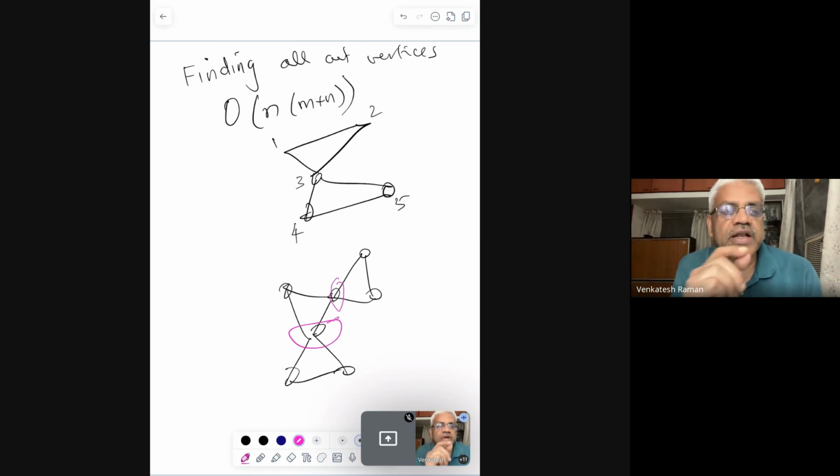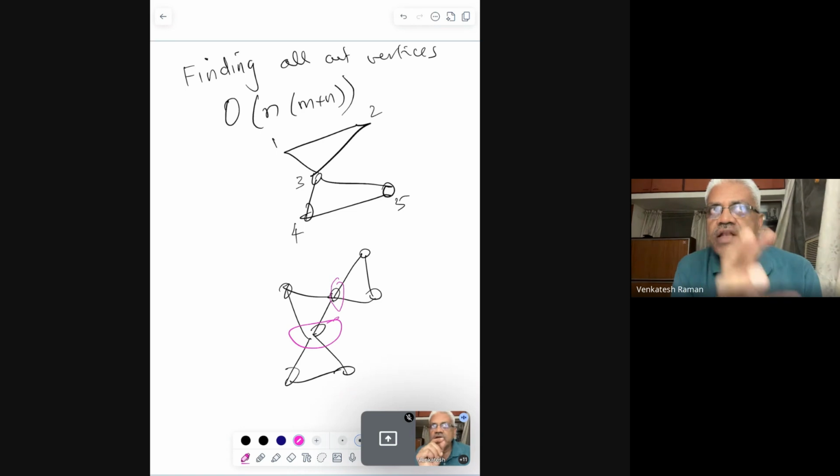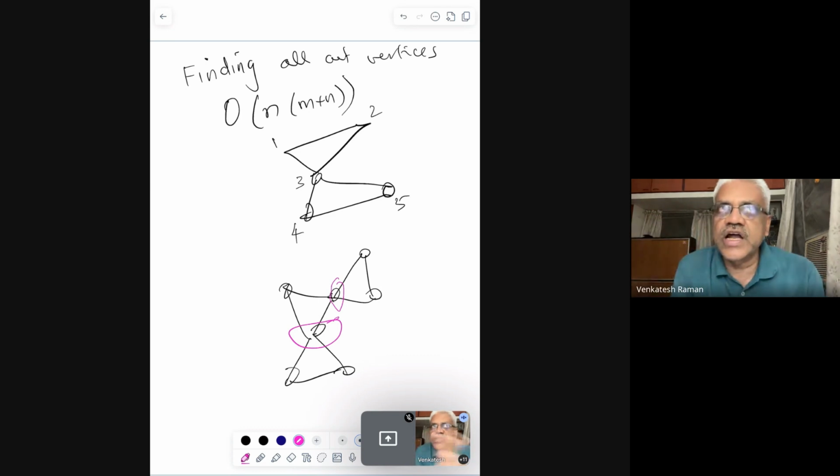Okay, I should have made it clear. I'm starting with a connected graph. So I choose a vertex, delete it, and then run DFS on the remaining graph, G minus V. If it remains connected, then V is not a cut vertex. If it breaks up, it is a cut vertex. So that's it.